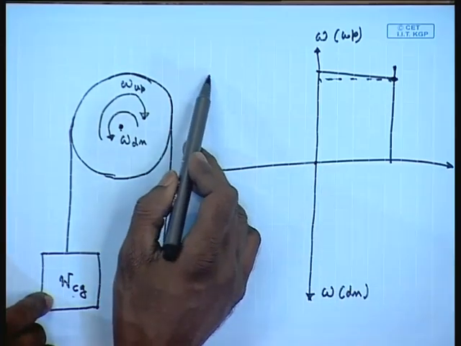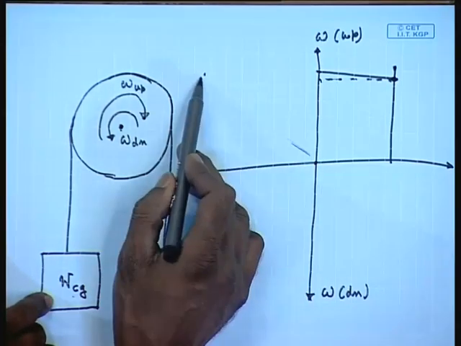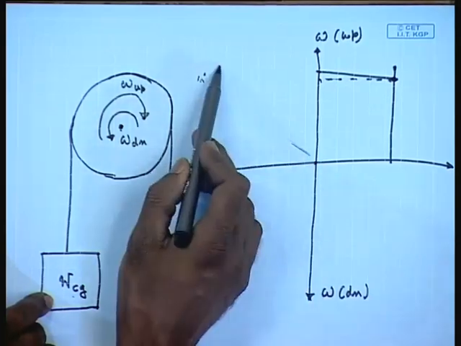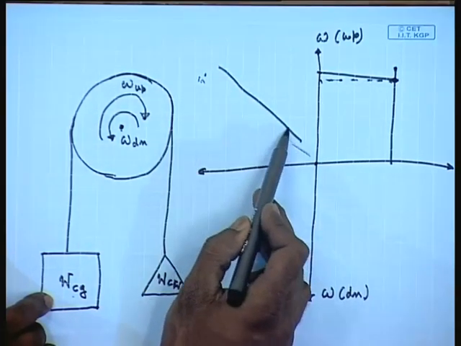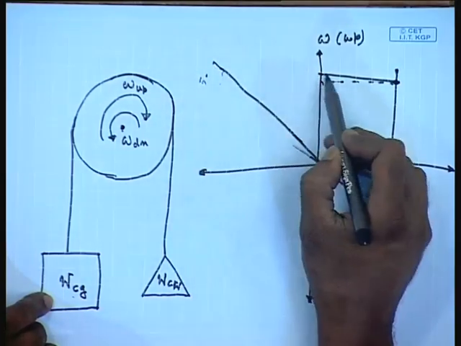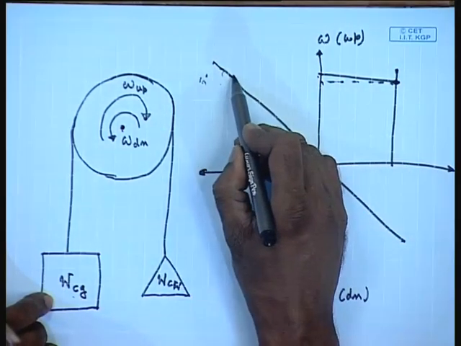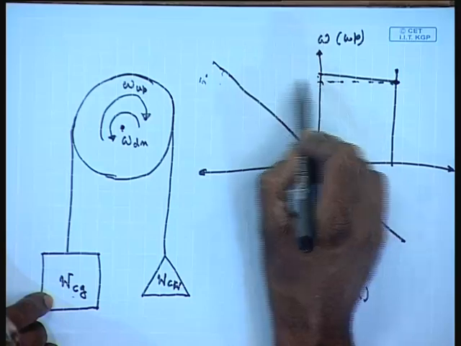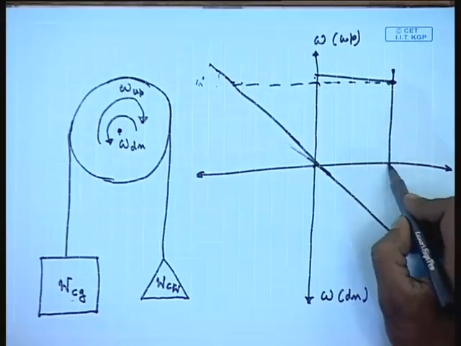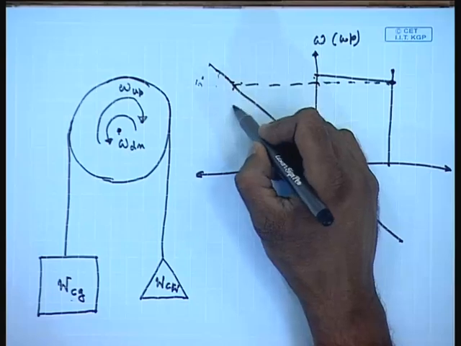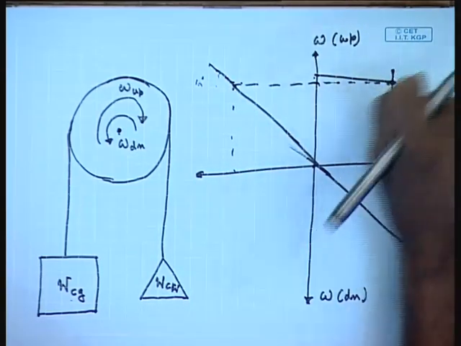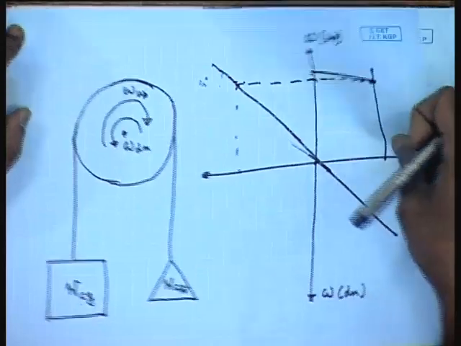Hence, the motor characteristic becomes somewhat like this, and then the operating point shifts to here. So, in addition to the load torque, an amount of braking torque is applied, which quickly stops the system. This is one situation.